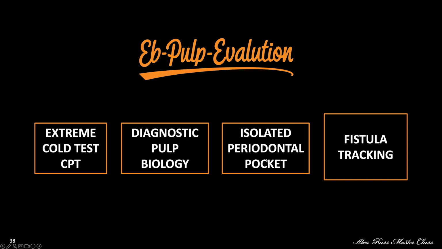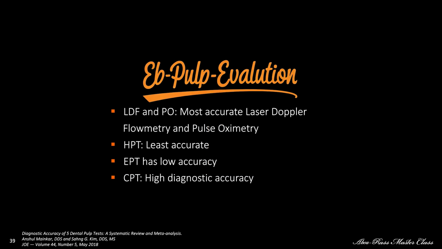You see heavy emphasis on periodontal manifestation, whether it is the isolated periodontal pocket or the fistula or the sinus. So Abu Ras' philosophy is not his philosophy only. It's based on 50 years of teaching and literature reviews and practice.